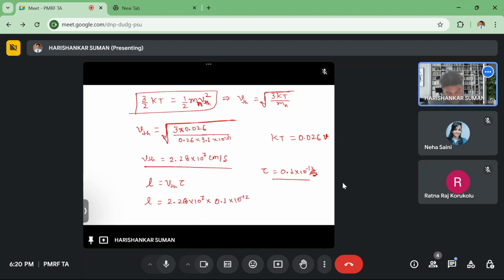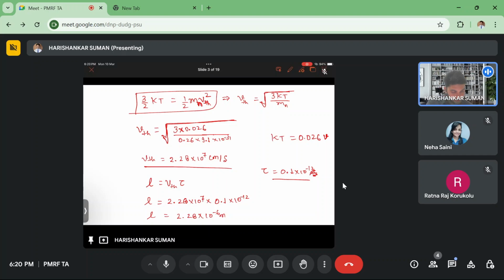It will be 10^-12 times 7.1 multiplied by 2.2, and the answer is in centimeter, not in meter.